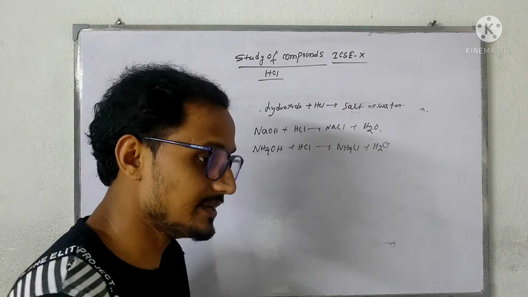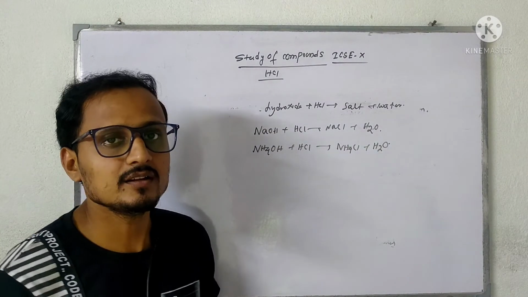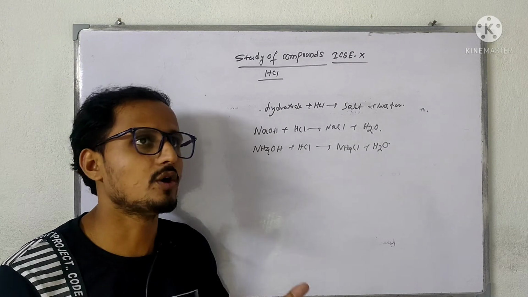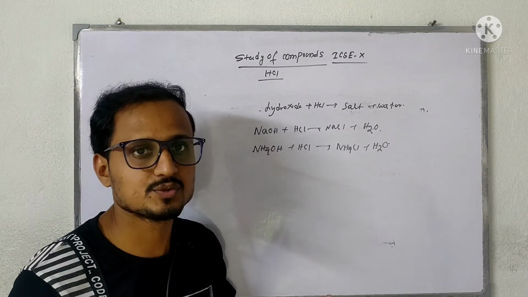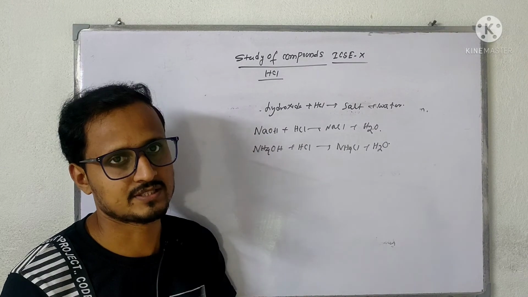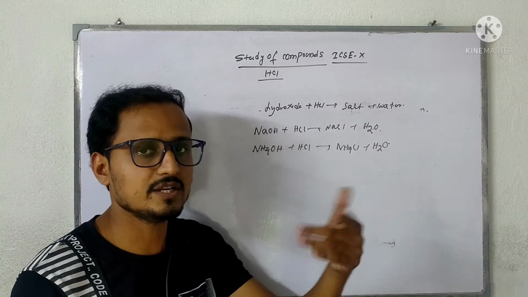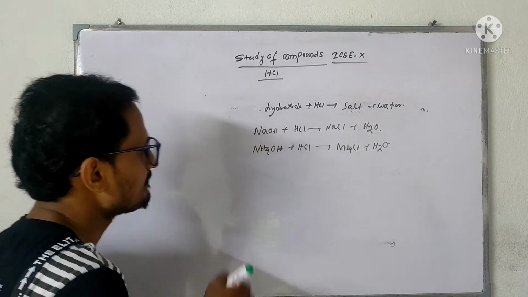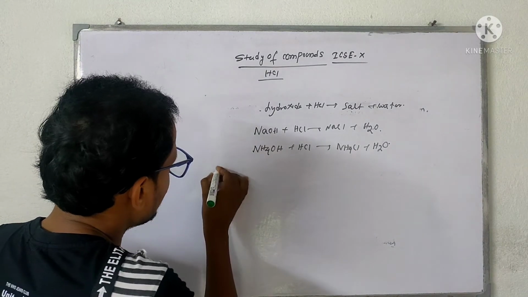Okay, next is very important. When a metal carbonate like copper carbonate or sodium carbonate reacts with HCl, it will form the corresponding chloride, water and carbon dioxide. The carbonate will be evolved as carbon dioxide. Okay, so what is the main method?